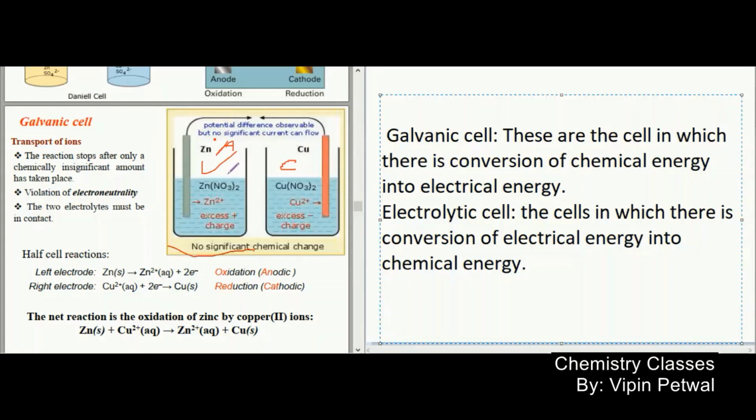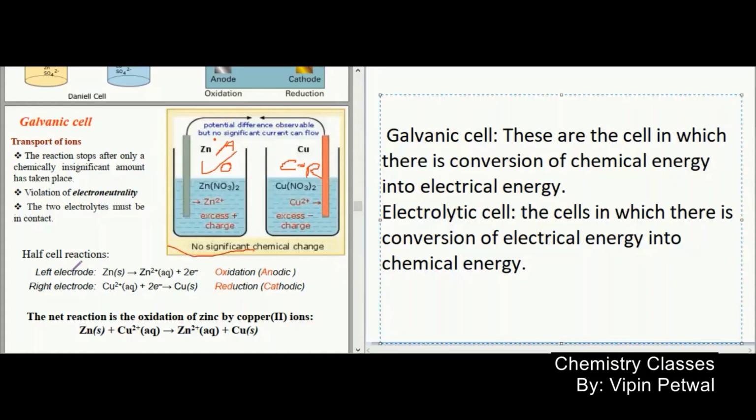At the anode there is always taking place what? Oxidation. Here occurs oxidation and here occurs reduction. At zinc there is oxidation, at the cathode there is reduction. Why? Because zinc is the anode, and at the anode there is always oxidation and at the cathode there is always reduction. Is that point clear?